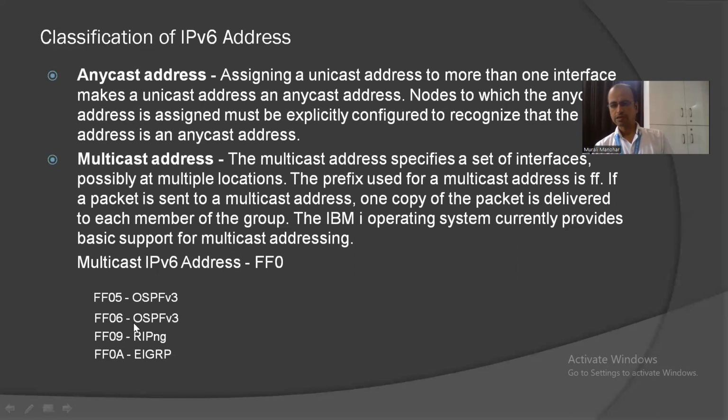Multicast address always starts with FF0. Like FF05 is used by the OSPF protocol. OSPF means Open Shortest Path First, version 3, which has been especially defined for IPv6. In the same way, in IPv6, the RIP protocol becomes RIPng, and its multicast address is FF0.